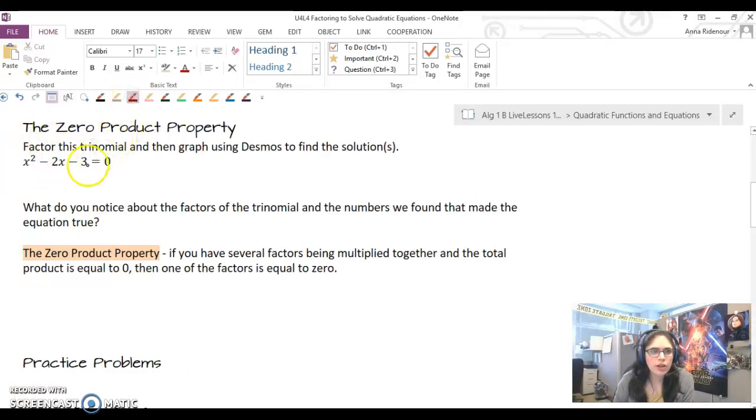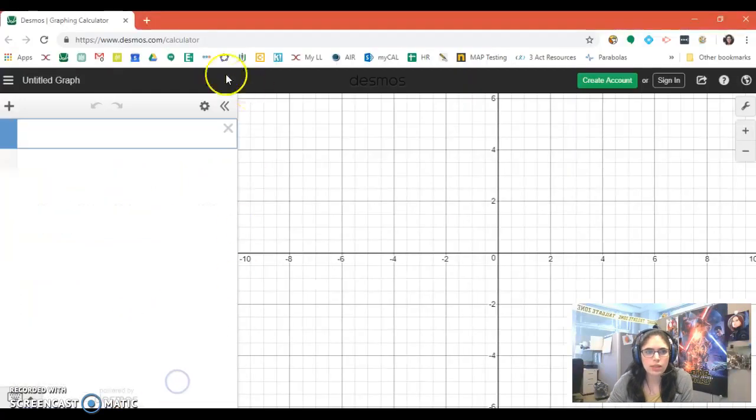In order to factor, I need to find the two numbers that multiply together to be -3 and add together to be -2, and that is -3 and +1. So I have x plus 1 times x minus 3, because if you multiply those two, you get -3, add them together, and you get -2. And this is equal to 0.